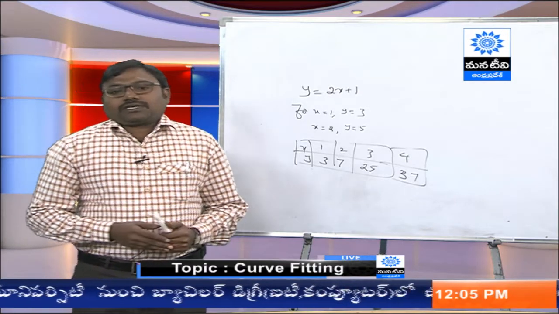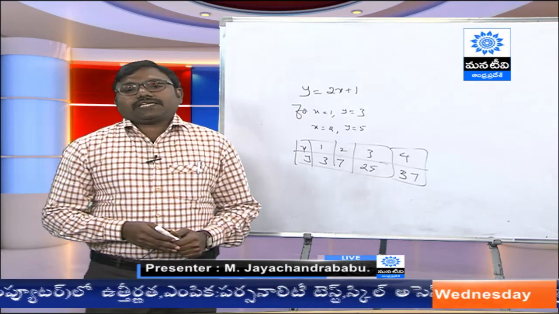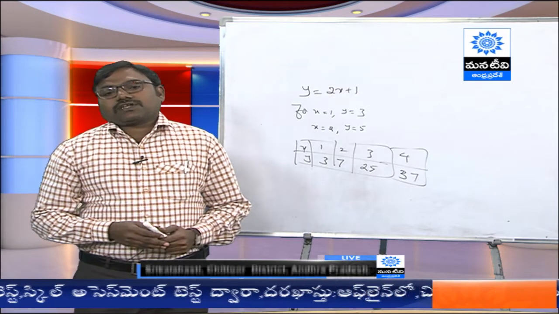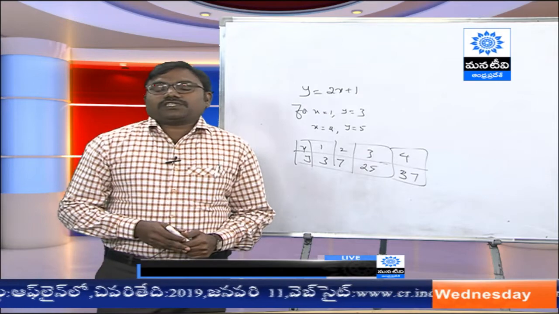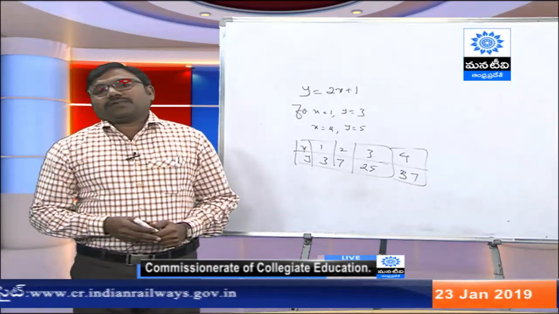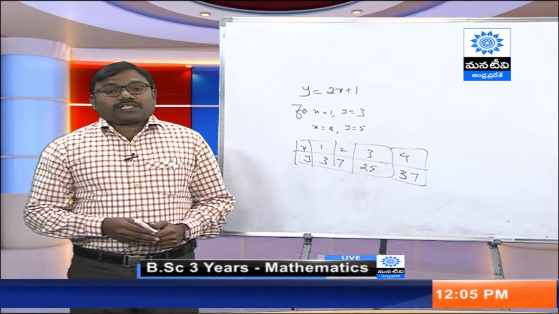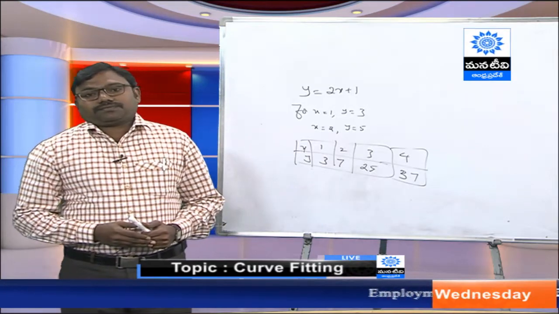I mean to say, the objective of curve fitting is to theoretically describe experimental data with a model. Model means that could be a function or equation, and to find the parameters associated with this model. To do curve fitting, different methods are available such as the graphical method, method of group averages, and the least squares method.